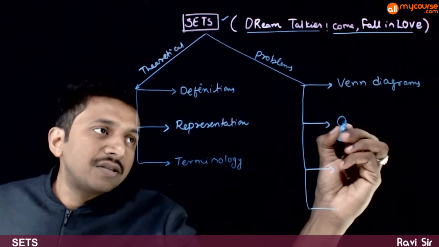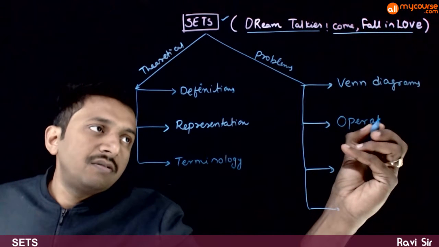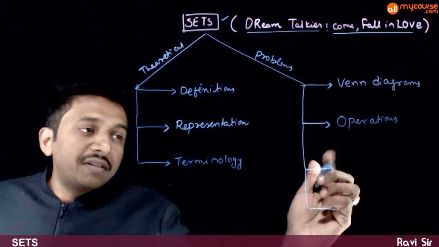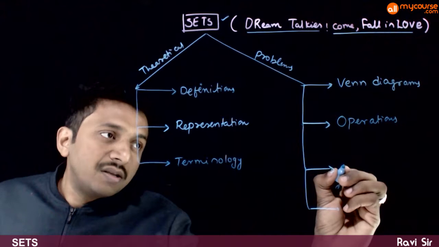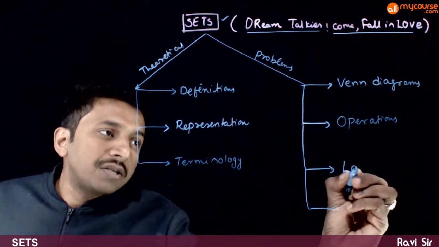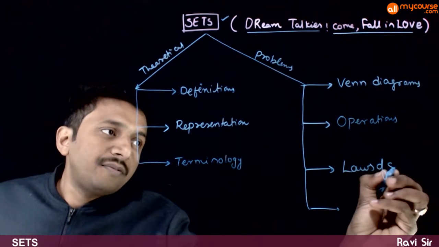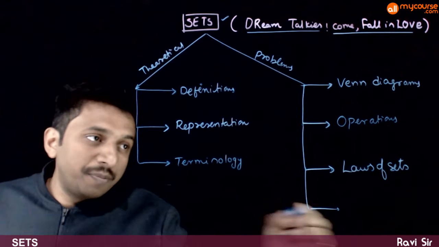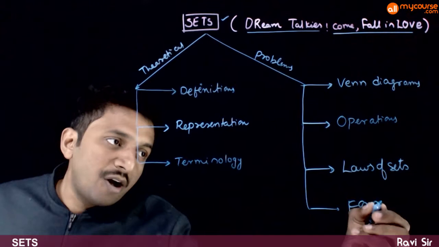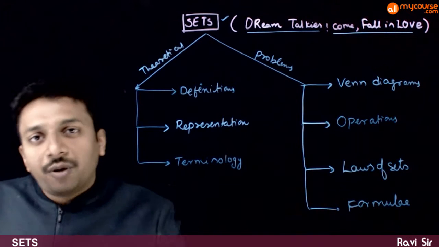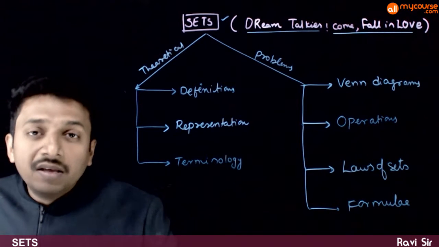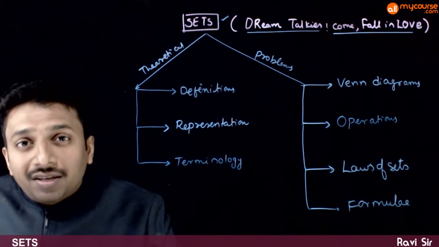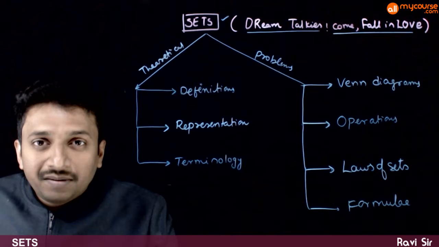The second is operations, the operations that we do on sets. And the third is laws of sets. And the final topic is formulae. So what are the different formulae that we have in sets? So these are the 7 topics that you're going to learn in the topic of sets.